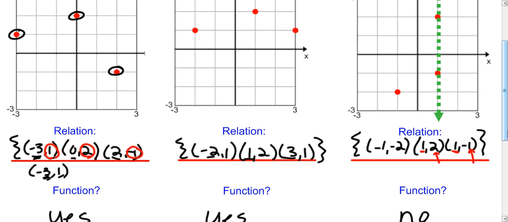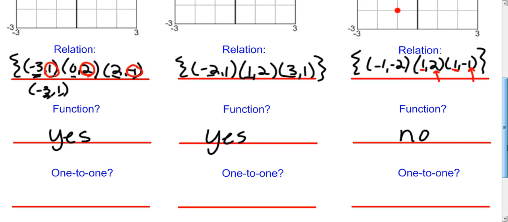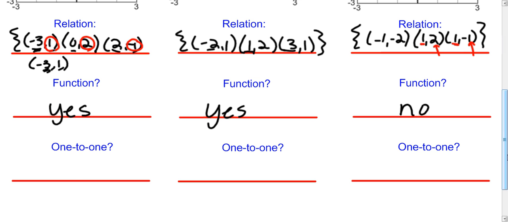The other thing I can do is take this line and make it horizontal instead, and see if it passes the horizontal line test, which means that if I draw a horizontal line and drag it anywhere across the graph, it can only hit in one spot, which happens here. So this one is a function, and it is also a one-to-one function.